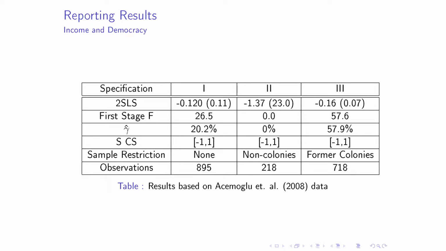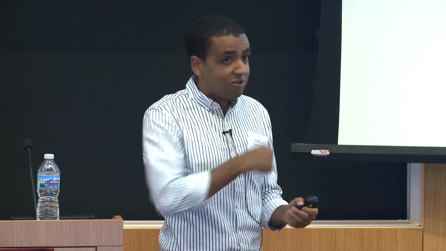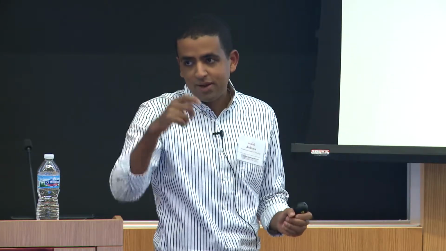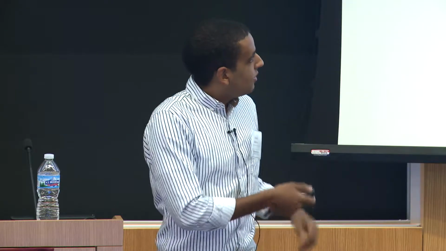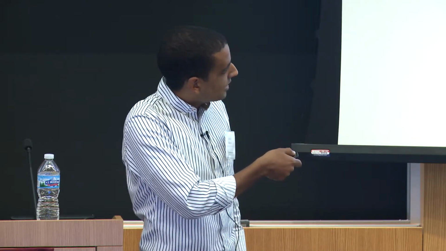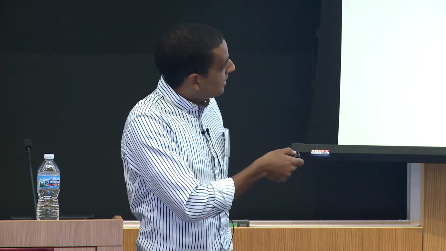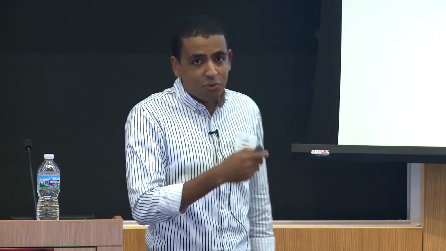A coefficient of 1 means approximately that a 1 standard deviation change in per capita income moves the measure of democracy they consider from the lower bound to the upper bound, and -1 means the reverse. So essentially what we see here is that robust confidence sets contain all empirically relevant parameter values, and thus that if we rely on the first-stage F-statistic, we run the risk of drawing a very misleading conclusion about the reliability of this instrument.